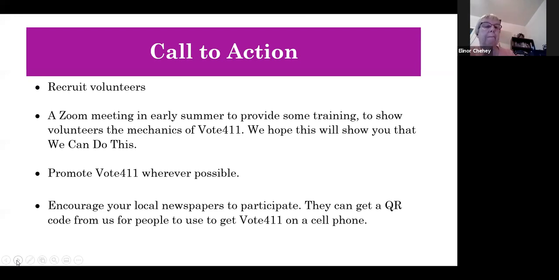So that's another thing that we're hoping we have enough volunteers to help us with for Vote 411.